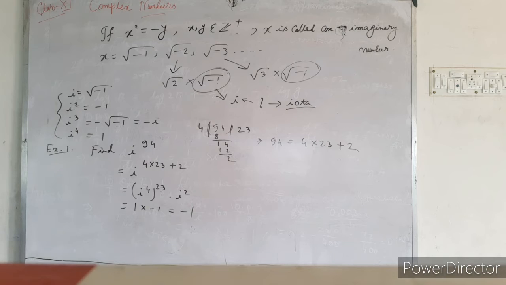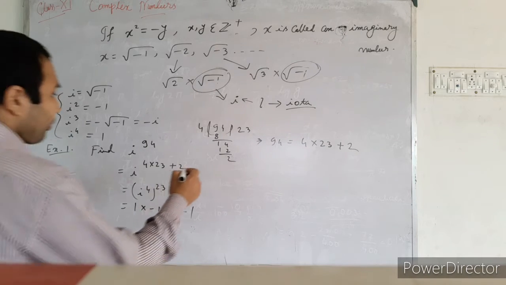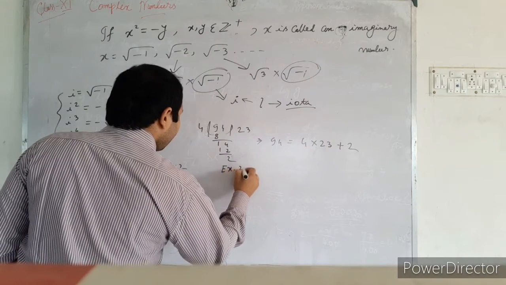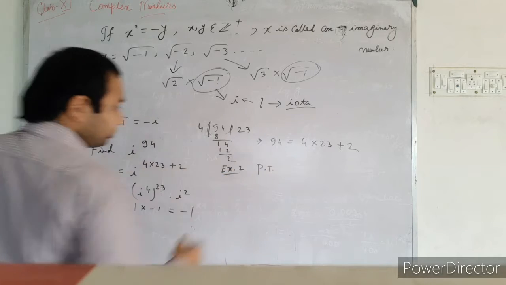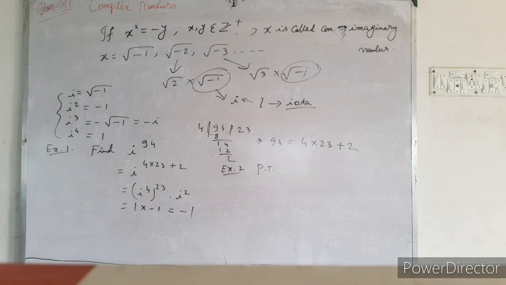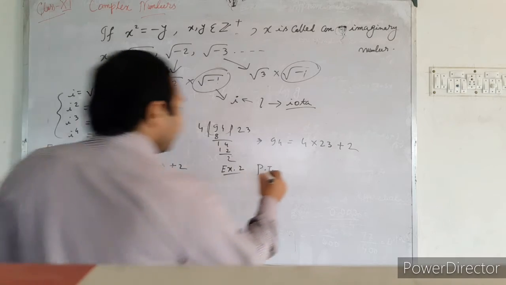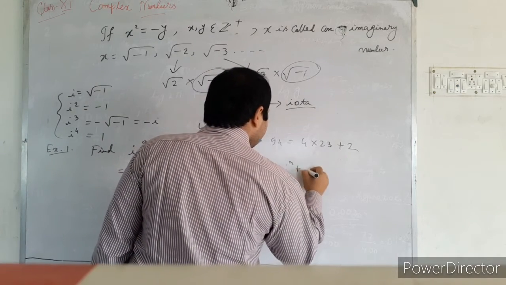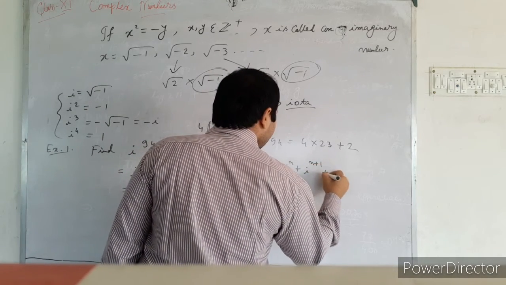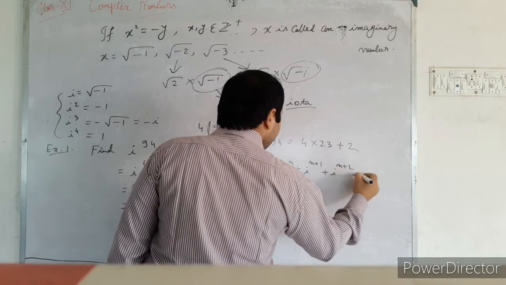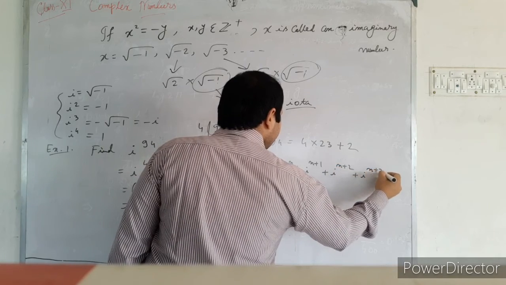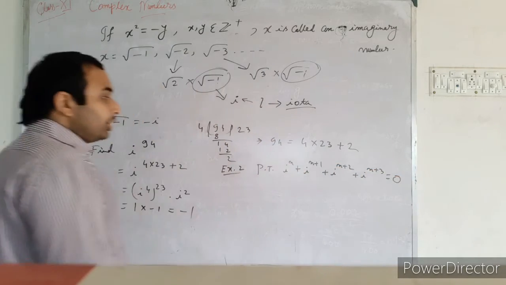And another example. Example 2: prove that i to the power n plus i to the power n plus 1 plus i to the power n plus 2 plus i to the power n plus 3 is equal to 0.